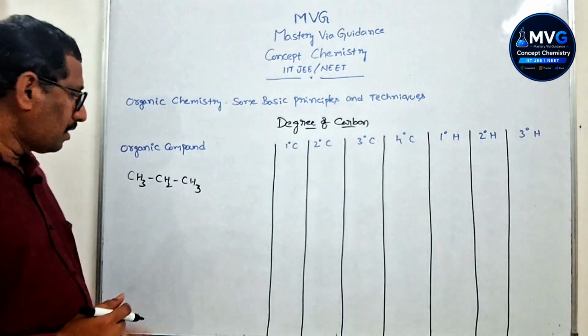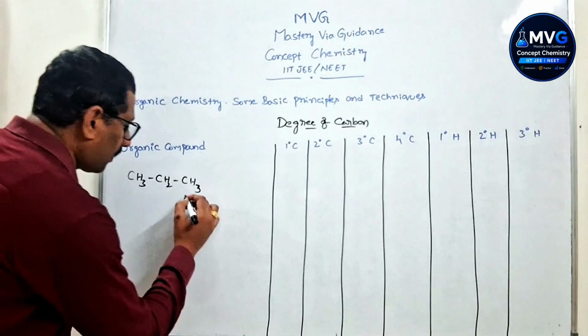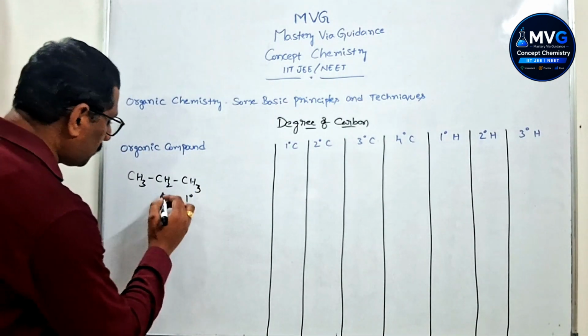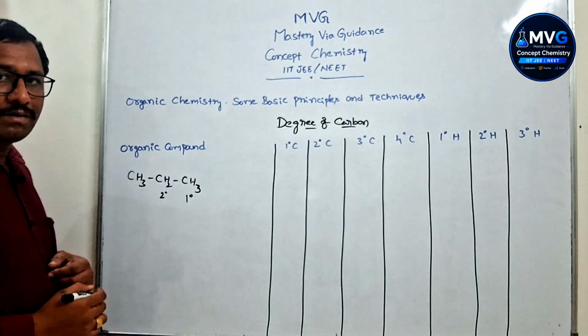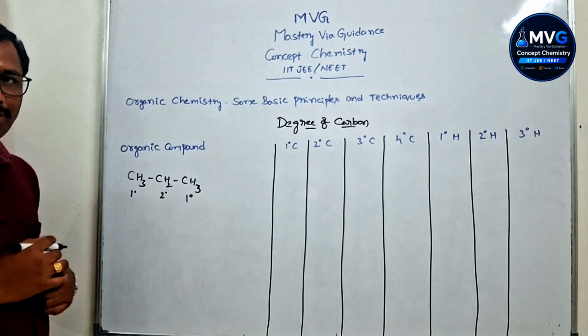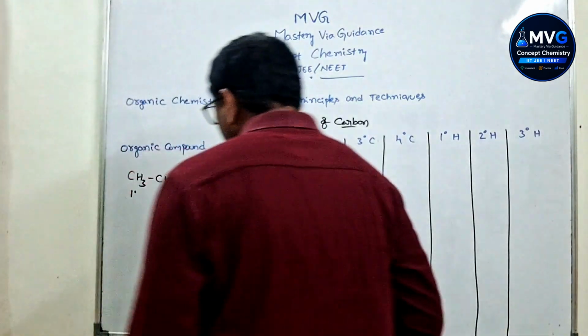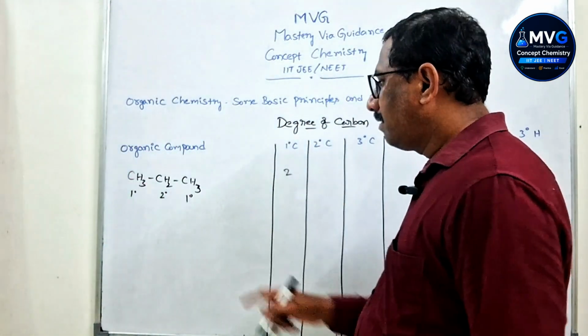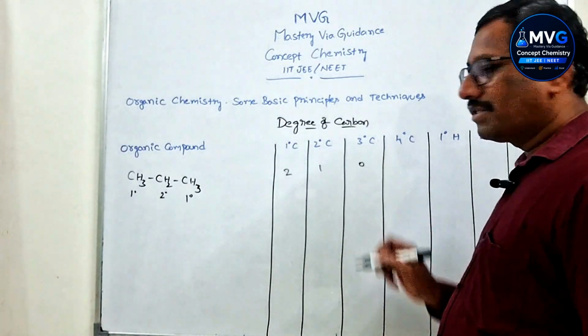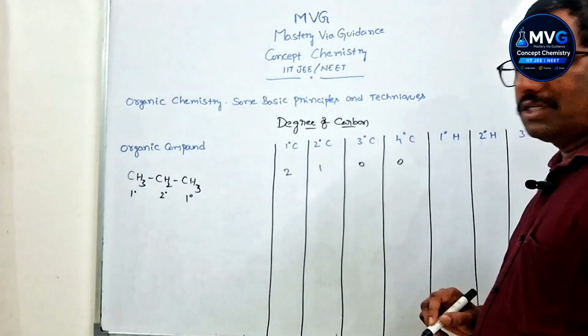Carbon attached with one carbon is primary carbon, and carbon attached with two carbons is secondary carbon. So here primary carbons 2, secondary carbon 1, tertiary carbons 0, quaternary carbons 0.